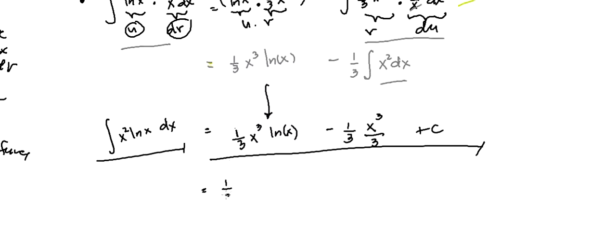So let's take the 1/3 x cubed outside the parenthesis, and then what we have left here is only ln of x, then minus, we move this outside the parenthesis, so what we have left here is only 1/3, right?